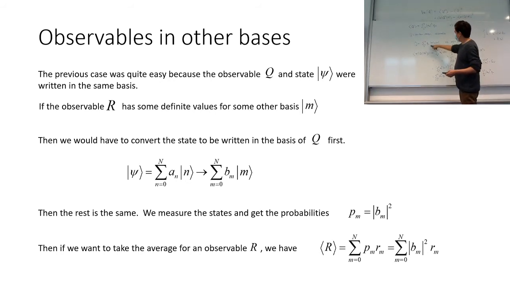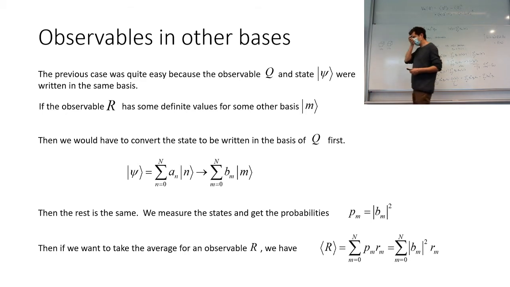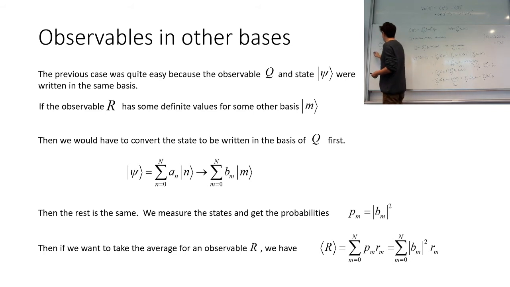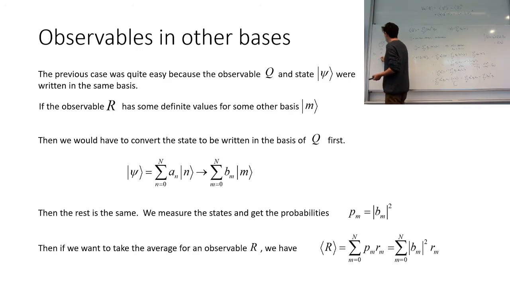when I defined my Q here, remember I started off, these were boxes, right? Here's box 0, box 1, and so forth. And the value of these things, Qn, this was 0, 1, and so forth. And then my state was also written in terms of zeros and ones. So it's called A0, A1.